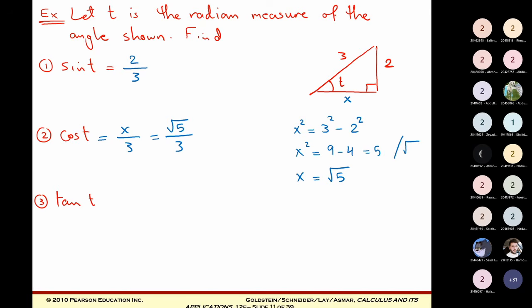Tan T equals what? 2 over X. So we have 2 over radical 5. Okay, any question?